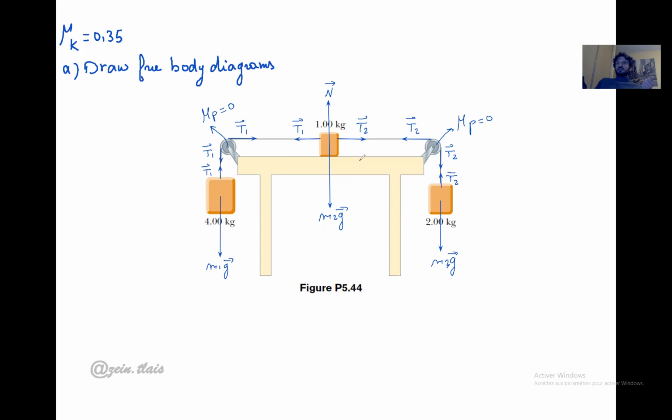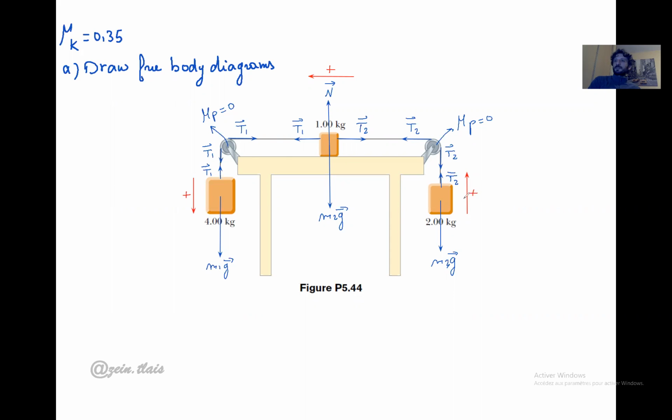The right one is 2 kilograms, and the left one is 4 kilograms. So the system moves to the left, anti-clockwise, okay? So in this case, the system must move in this direction. The left one moves down, the right one moves up. This one is the positive direction of each one.